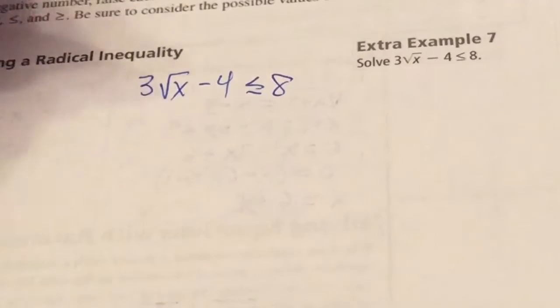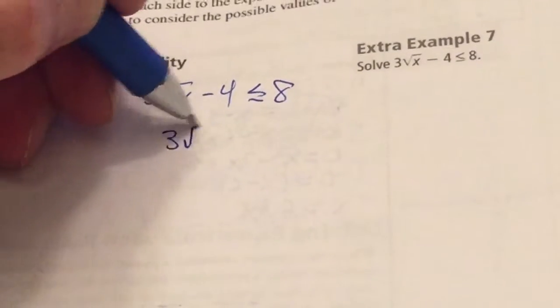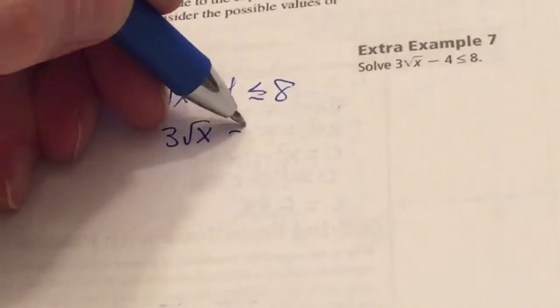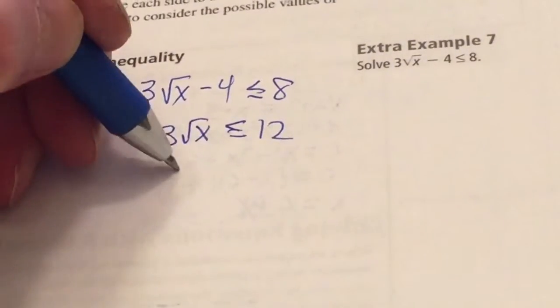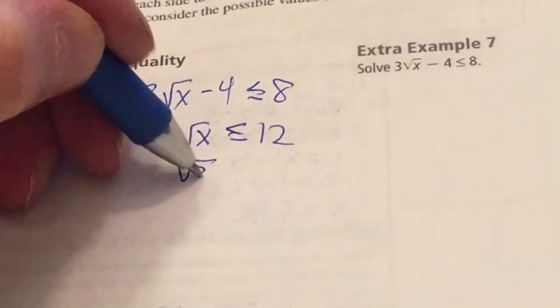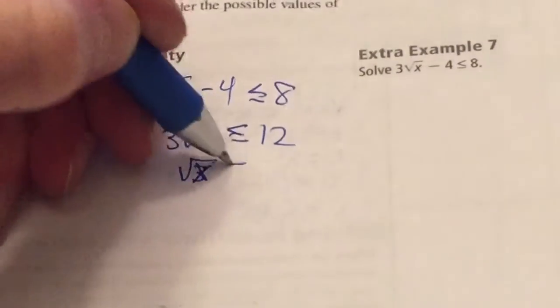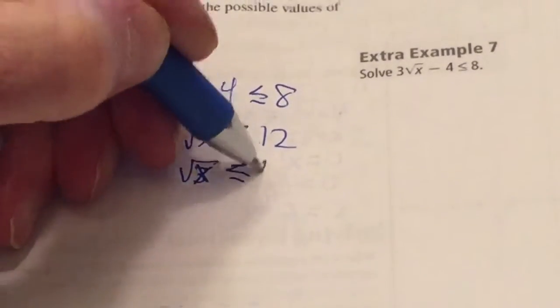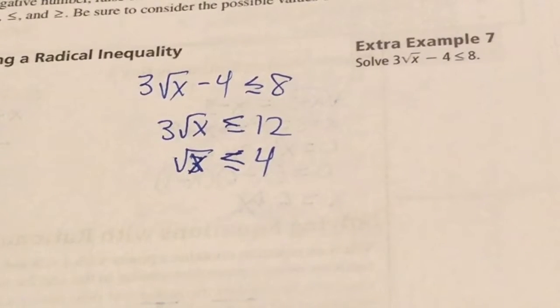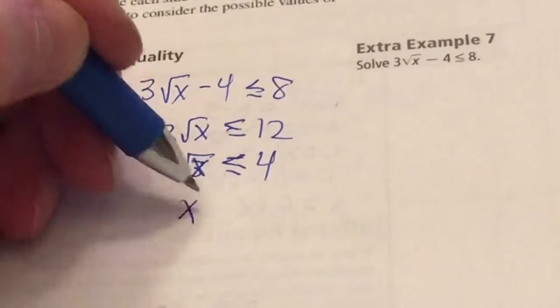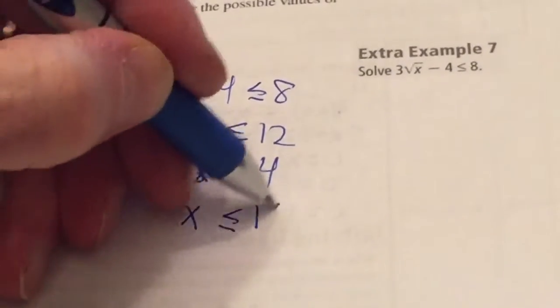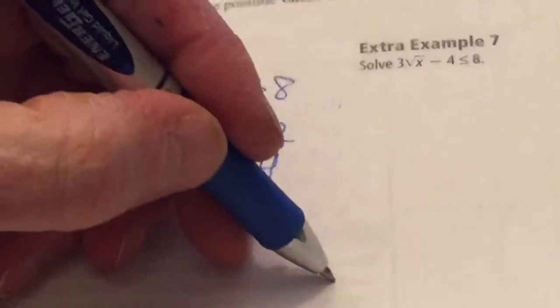Undoing minus 4 means we should add 4, so 3 times the root of x is less than or equal to 12. Dividing by 3 gives us the root of x is less than or equal to 4. Squaring both sides gives us x less than or equal to 16.